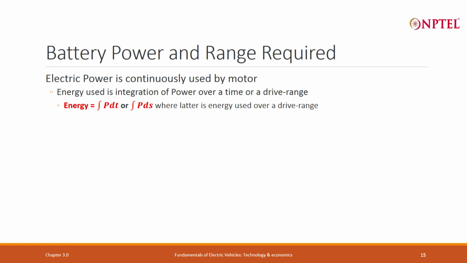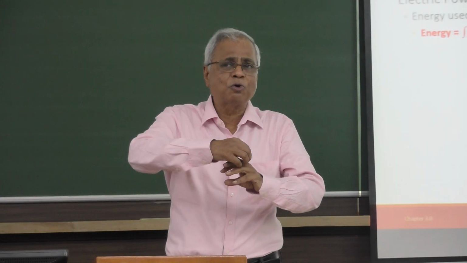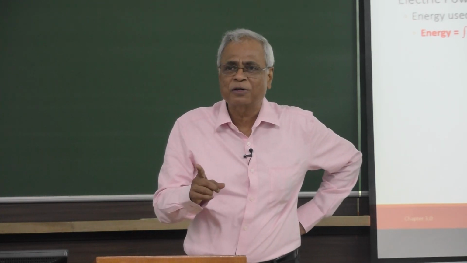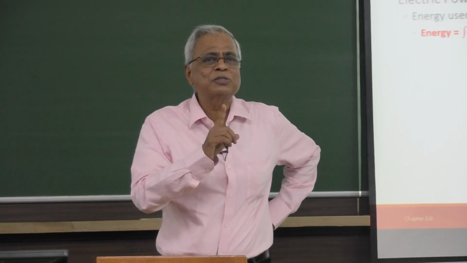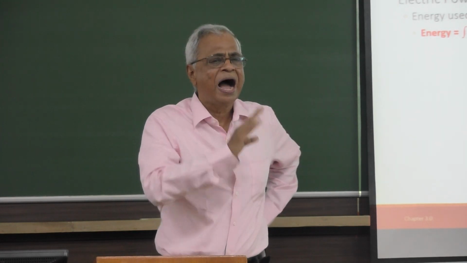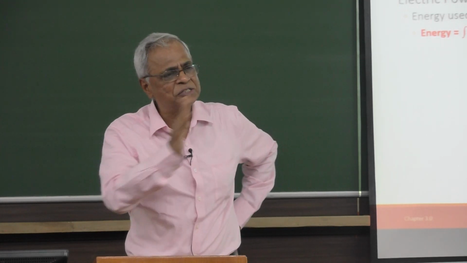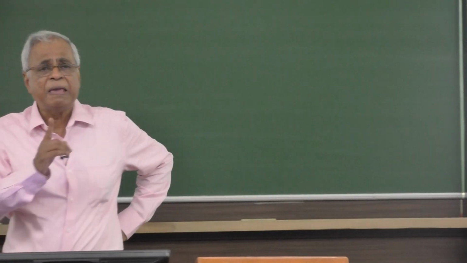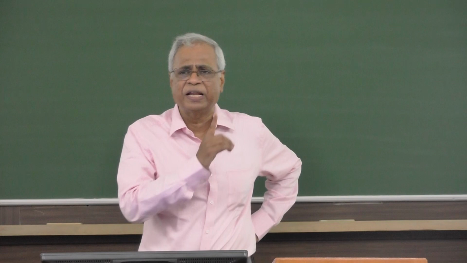Battery power is also very important, because if you tend to draw more power, there may be energy, but if you tend to draw more power from a battery, as we will talk about later on, you are using it at what is called a higher C rate, higher charge rate or higher discharge rate. A higher C rate of a battery impacts the battery life negatively.